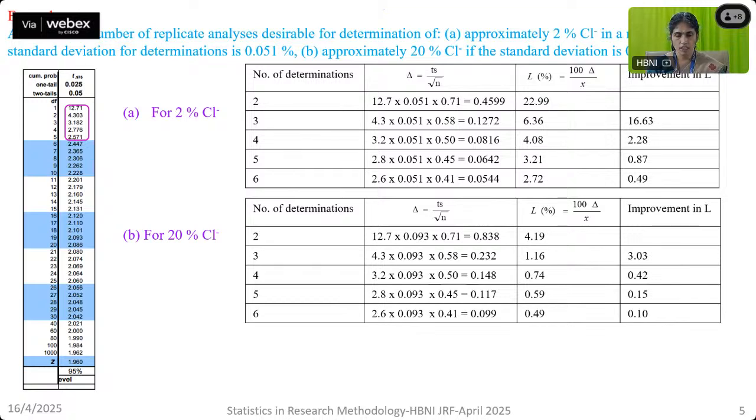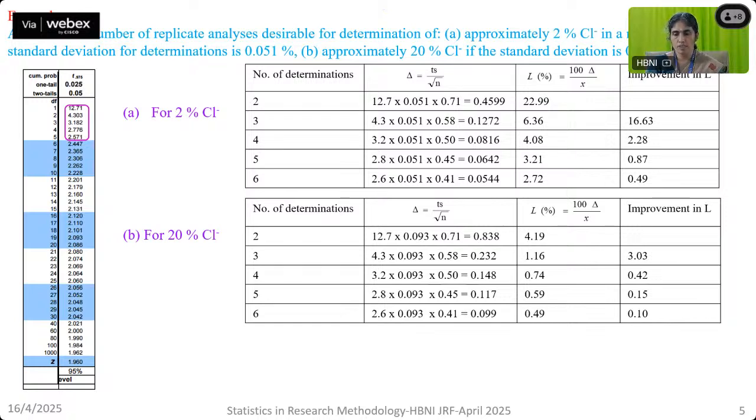When the number of determinations is 2, the degrees of freedom will be 1. So accordingly, we have to pick out the T value from the T distribution table. These calculations are very simple, and in the rightmost column of these tables is the magnitude of improvement in the reliability interval, L value.